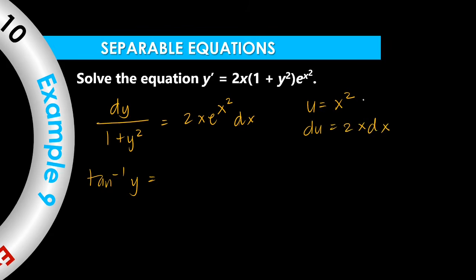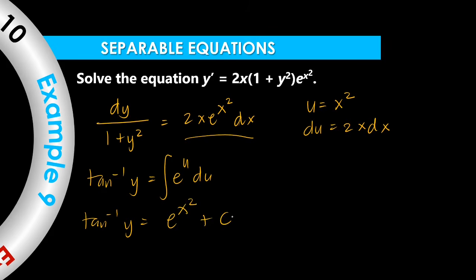So using the substitution method, I can express this entire right-hand side as e raised to u multiplied by 2x dx, which is du. So that's e raised to u du. Integrating, tangent inverse of y equals e raised to u also. But u equals x squared. And then we add the arbitrary constant plus c.